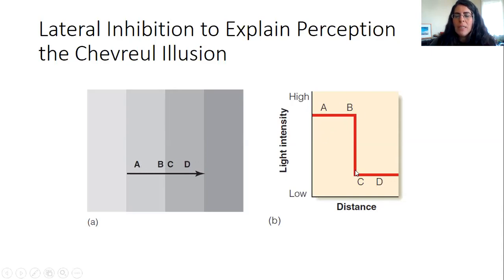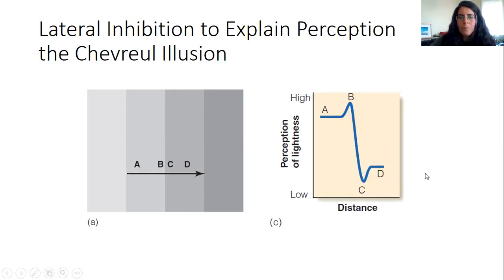Then from B to C, there is a change in light wave properties, but there's no change from C to D. Your perceptual experience does not match this curve, this figure of your light intensity. Your perceptual experience looks more like what's captured in this figure, right?